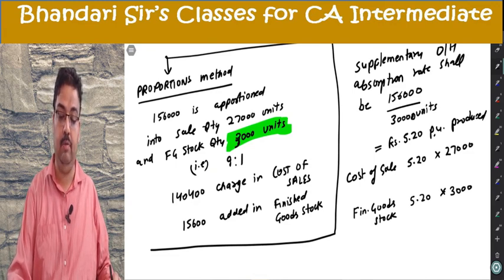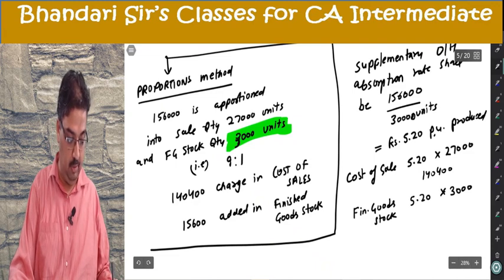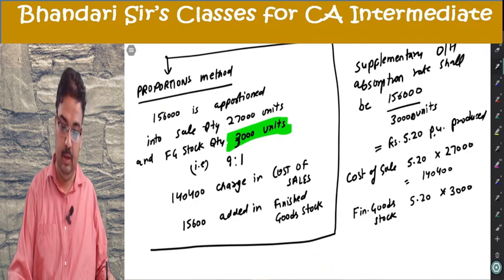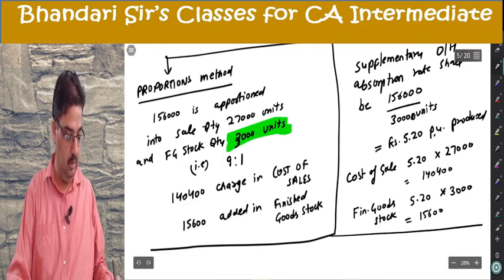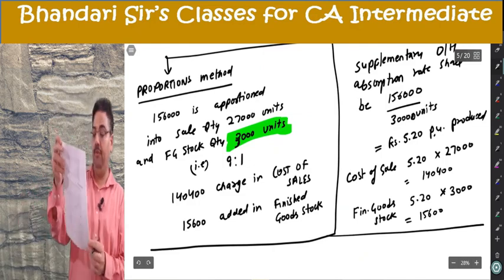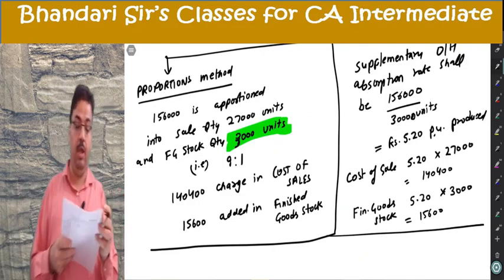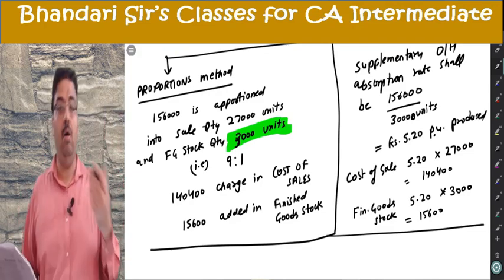5.20 into 27,000, 1,40,400, the answers will be same. And if you multiply with 3,000, you are getting 15,600. That is a treatment given there. If you read question second and third part wanted ways of treating in cost accounts, either taken to costing P&L or taken to production.